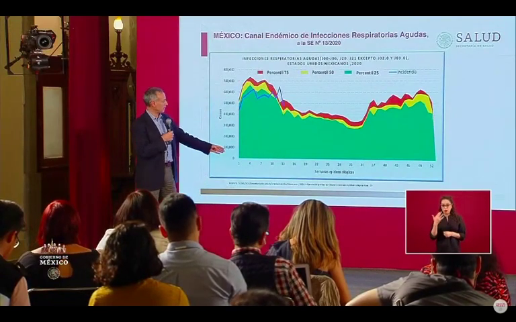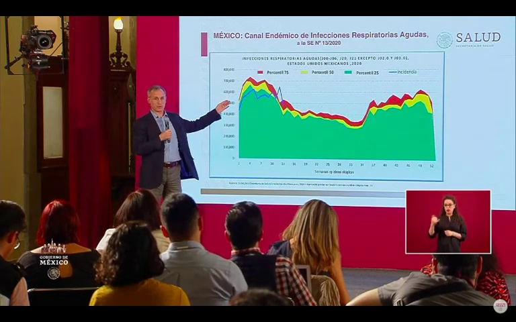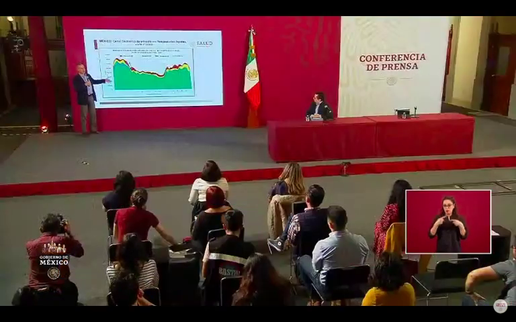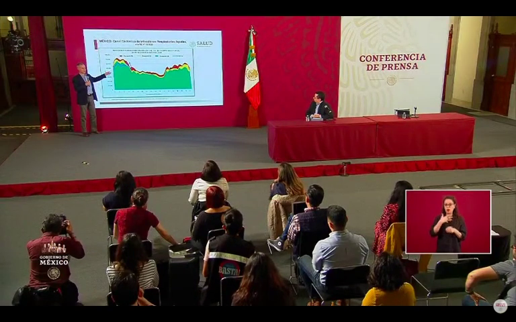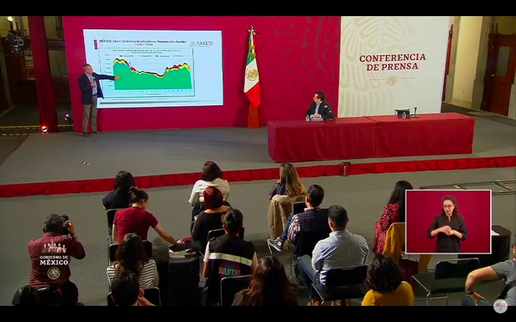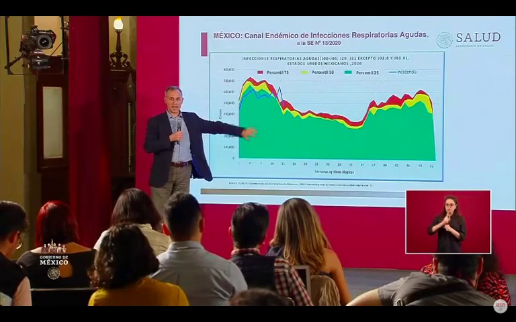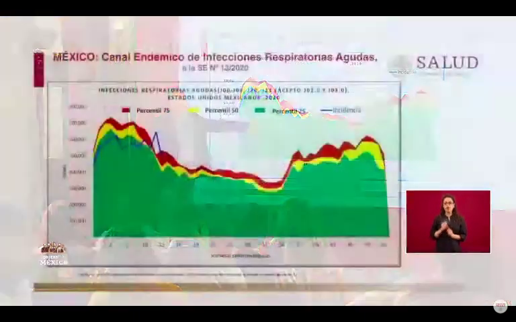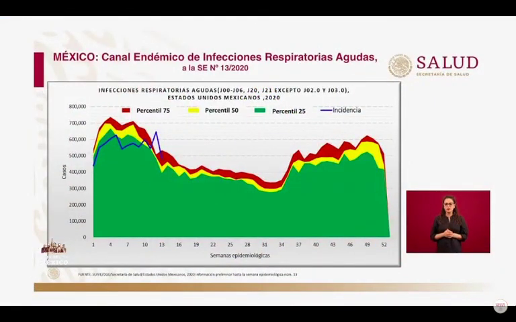Now this time frame is the weeks in a year, 1 to 52, and this is the amount of cases that are registered because people go personally to seek medical attention. The amount of cases is represented in these areas, and the colors mean that a quarter of the people who have presented acute respiratory infections during the last 7 years in Mexico presented these infections within these dates.